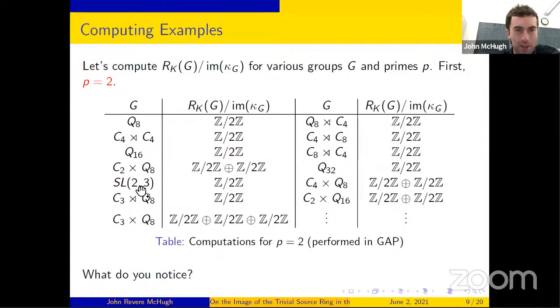So there's a Q8 appearing in this group, just as there's a Q8 here and a Q8 here. And if you were to go through all the other groups in this table, you would find that the quaternion groups are nested in them in certain ways. They might be a subgroup, or a factor group, or a subsection. So that's what GAP produces when P is equal to 2.